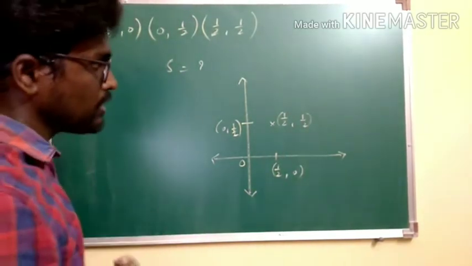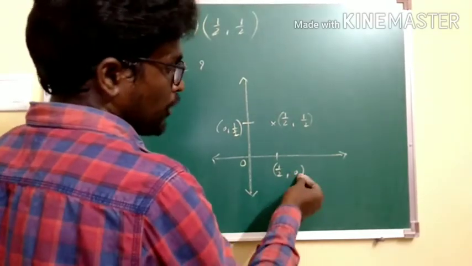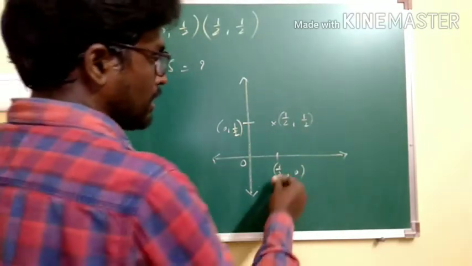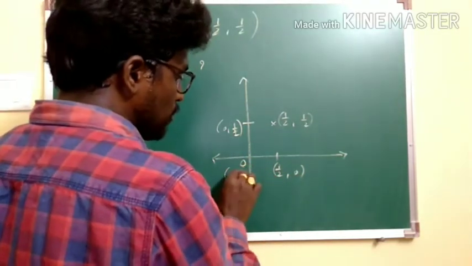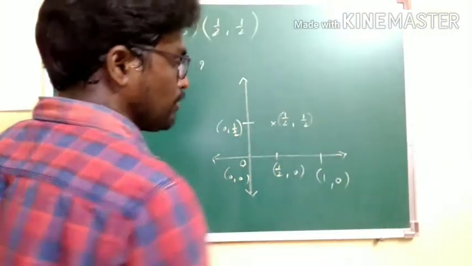Since these are the midpoints of the sides of some triangle, if this is 0, 0, definitely this will be 1, 0.